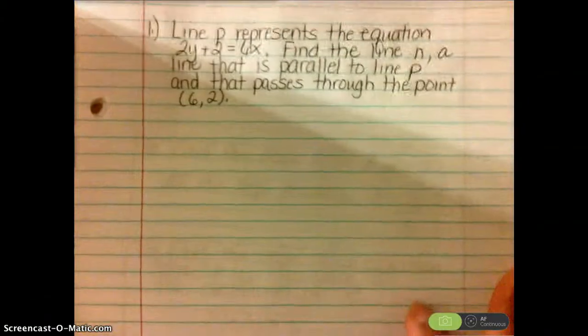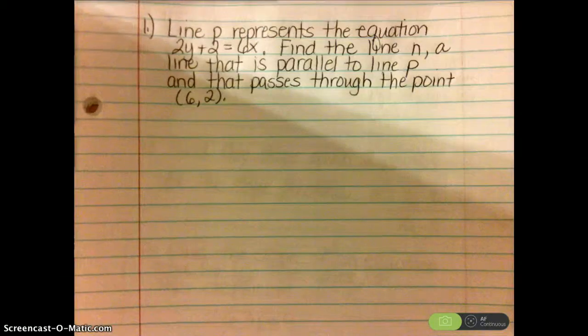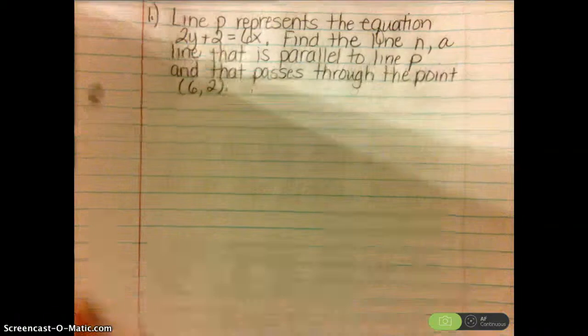So here's an example that we're going to use. And it says line P represents the equation 2y plus 2 equals 6x. Our job is to find the line N, a line that is parallel to line P and that passes through the point 6, 2.